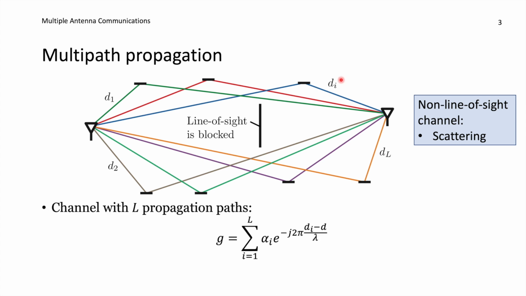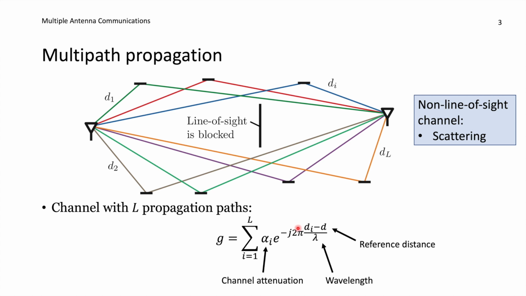In the background video, we saw that when you have multiple paths, but you still have a narrowband channel, you can represent the channel from the transmitter to the receiver by a scalar that is a summation over the different paths. So we have capital L paths in this case, and for each path we have two parts here. One is the channel attenuation, alpha i, and then we have an e to the power minus j 2 pi phase shift.